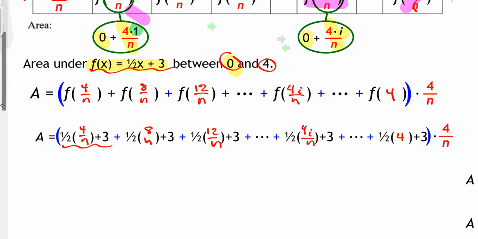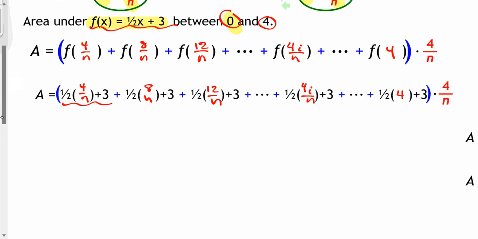Okay. Now, let's see if we can simplify this down a little bit, because again, we're working towards getting a general formula. With all of these, you will notice we have plus 3, plus 3, plus 3, plus 3, plus 3.